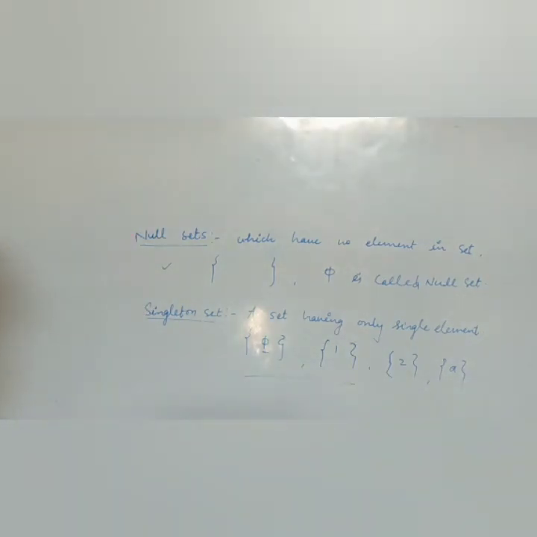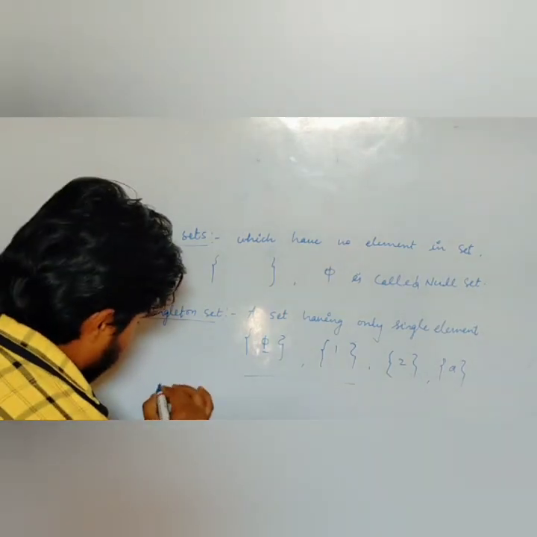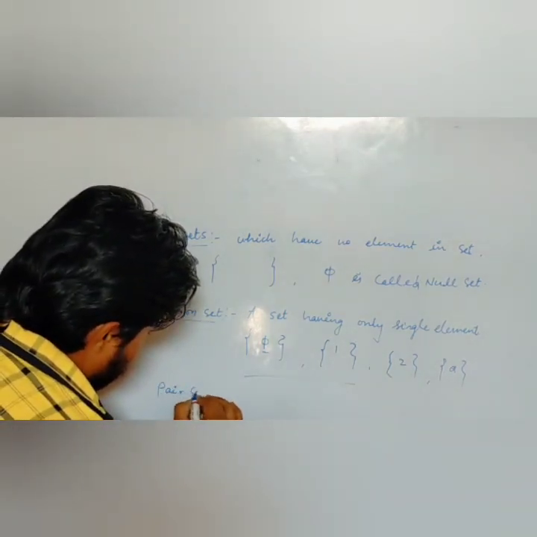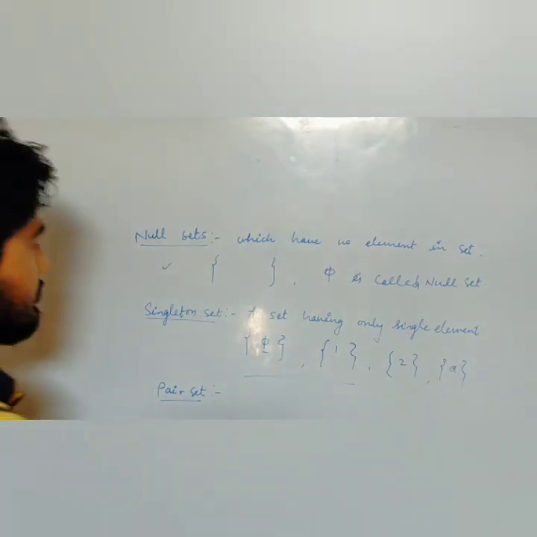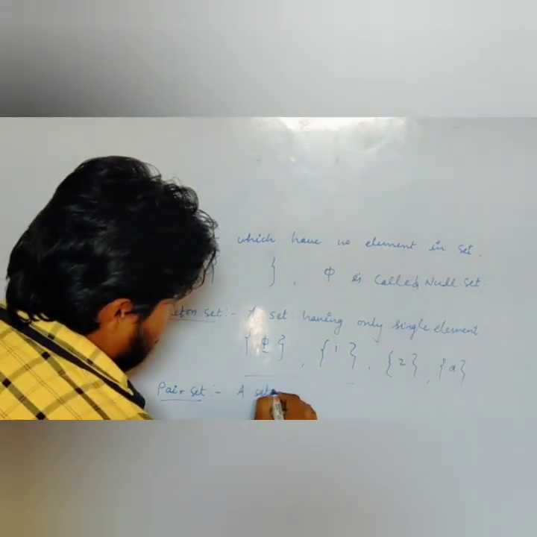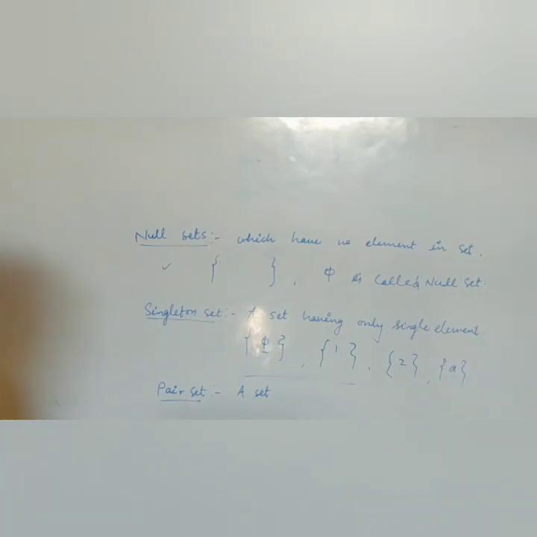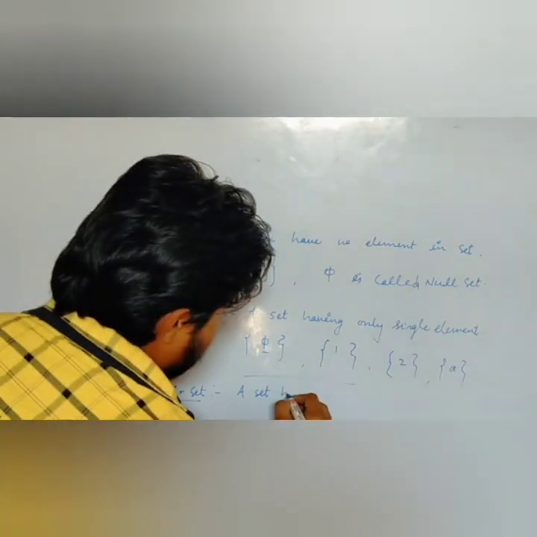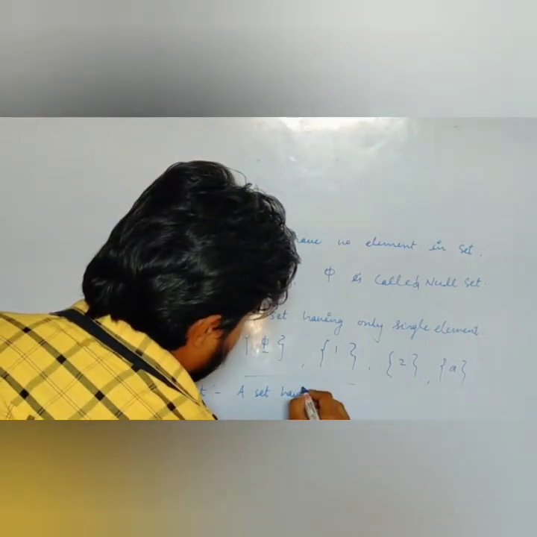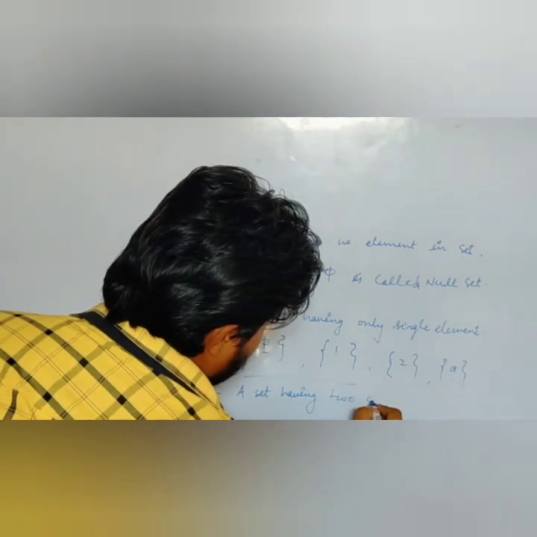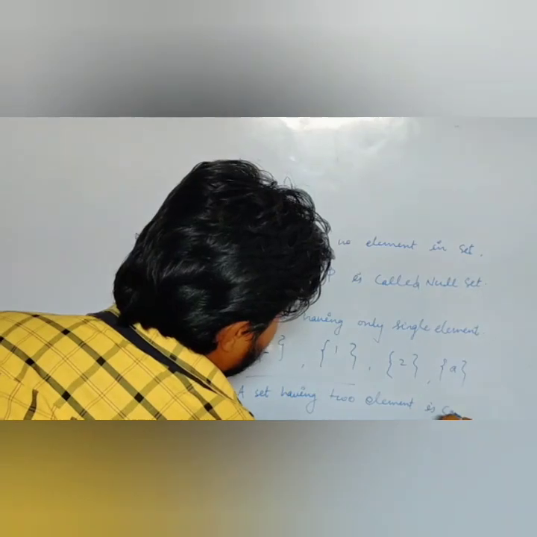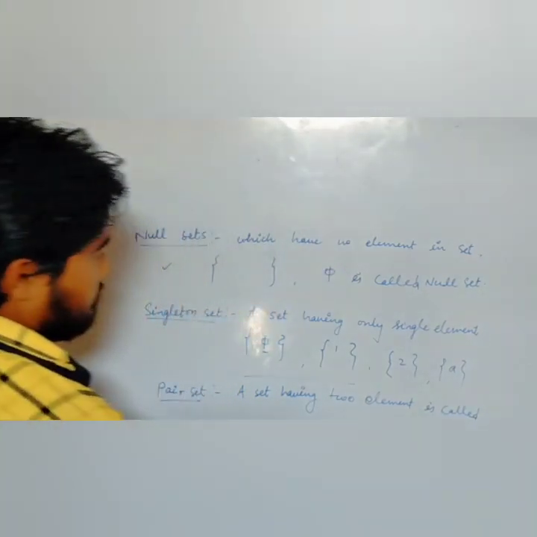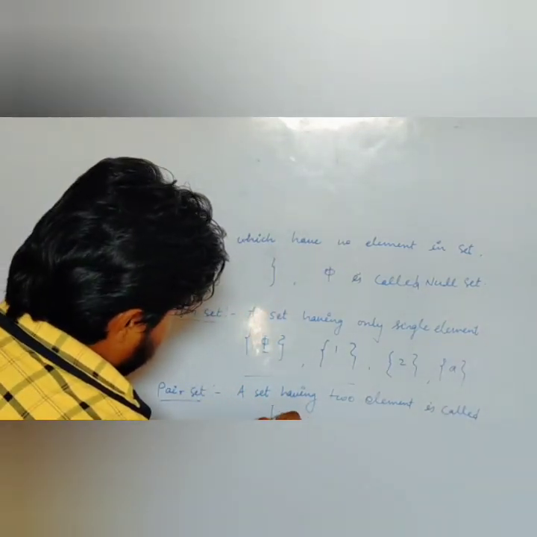Okay. And now we talk about pair sets. A pair set has two elements. A set having two elements is called a pair set.